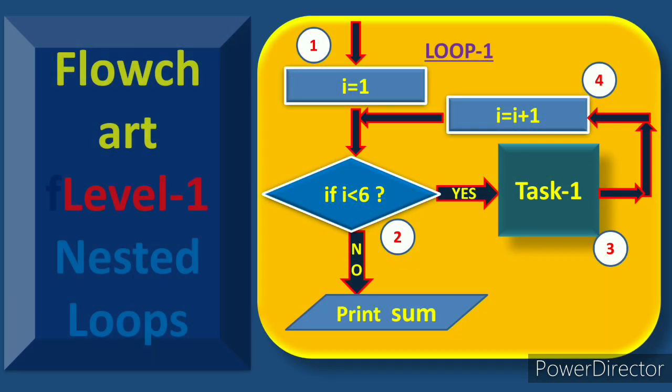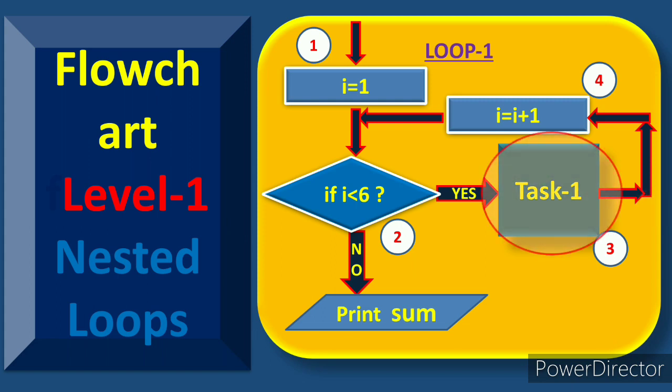I is taking care of the outer loop. In this case, the loop will be repeated 5 times because there are 5 terms. So I should be initiated with 1, and it will continue while it is less than 6, and then task 1 is there. What we do for that is nothing but another loop, loop number 2, which is going to take care of the multiplication of all natural numbers up to that number.